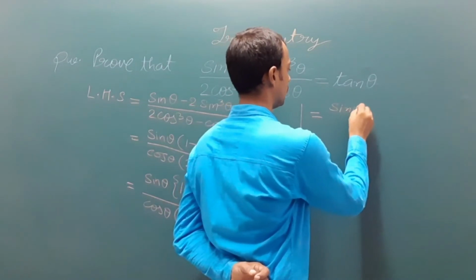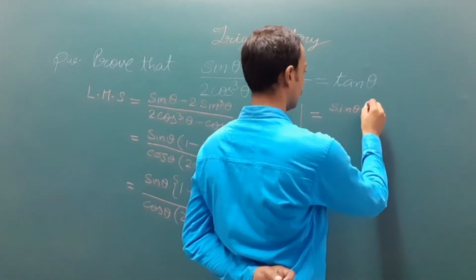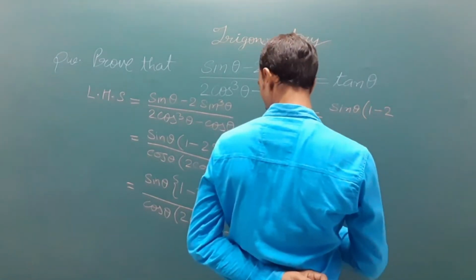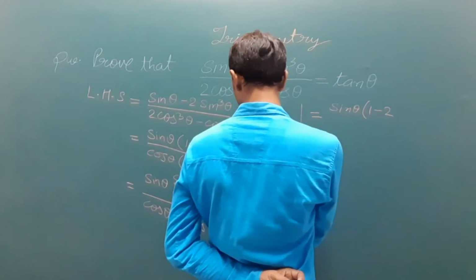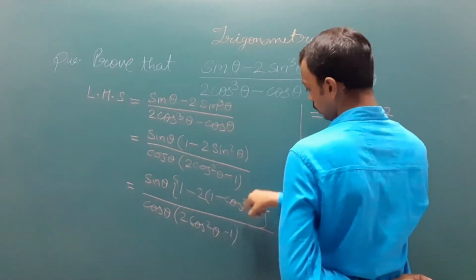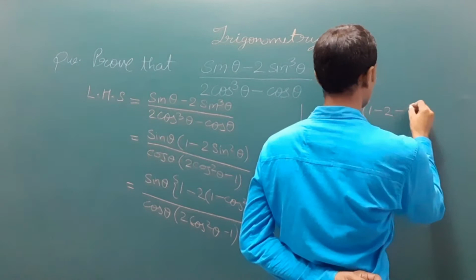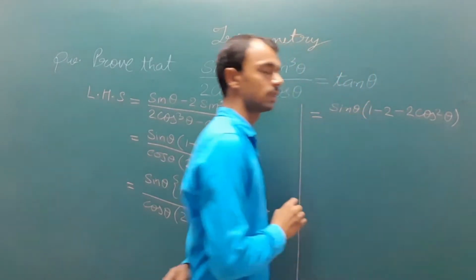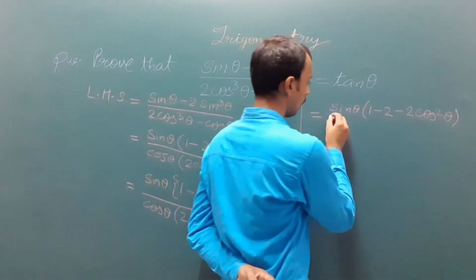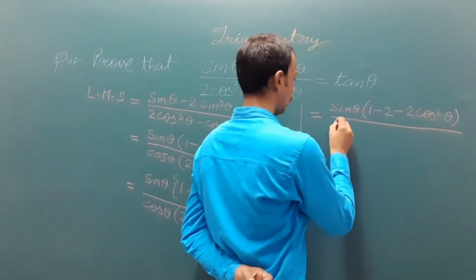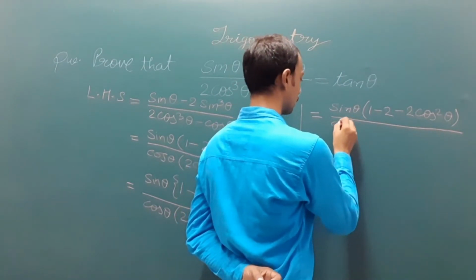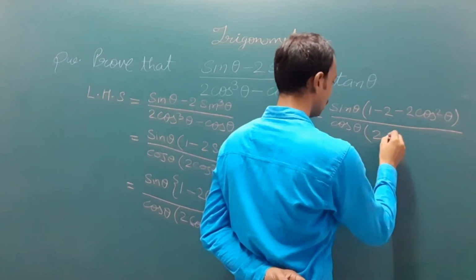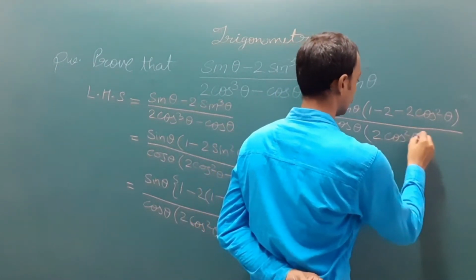Sin theta into 1 minus 2, means 2 ones are 2, and 2 into cos square theta, minus 2 cos square theta. Okay, this is what I will get upon the denominator side, which will be the same, cos theta under bracket 2 cos square theta minus 1.